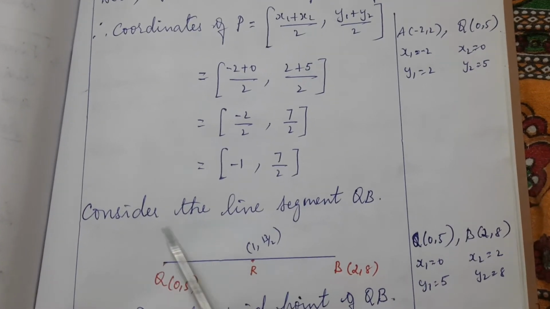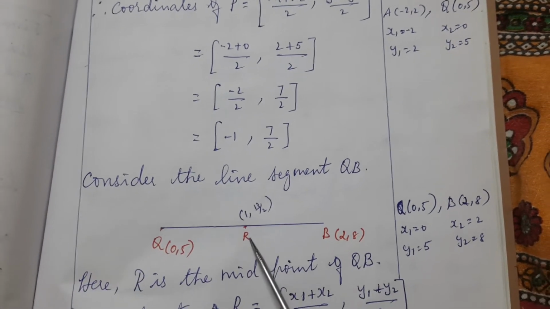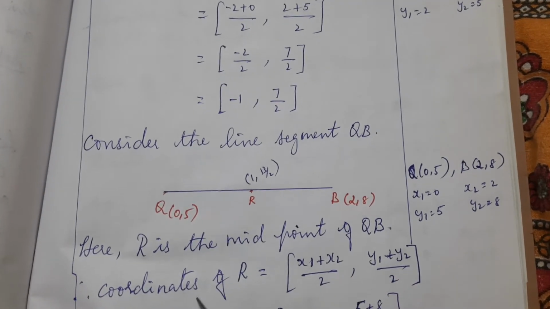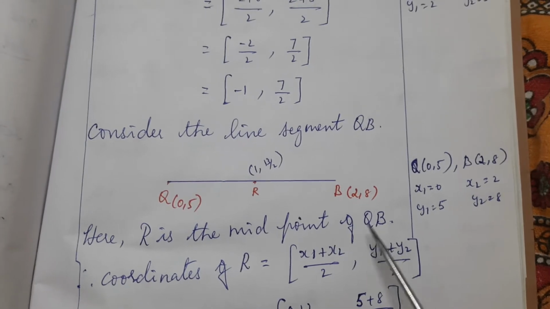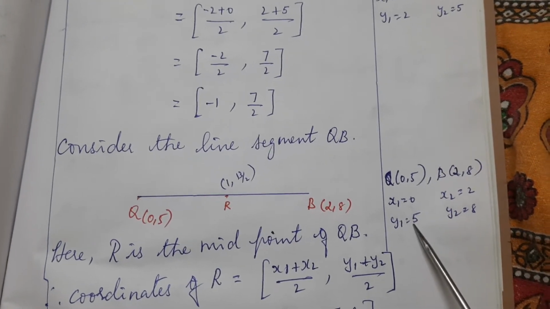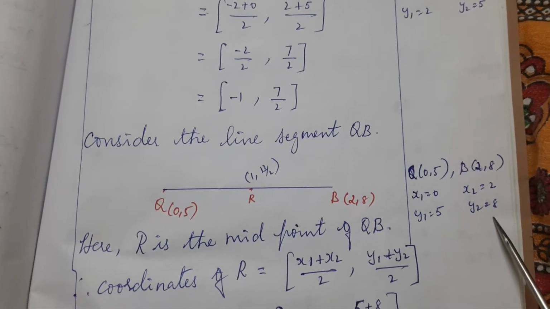Next we consider the line segment QB. So R is the midpoint of QB. Coordinates of R is (x1 plus x2) by 2 and (y1 plus y2) by 2. Since we are taking the line segment QB, Q of (0, 5) is x1, y1 and B of (2, 8) is x2, y2.